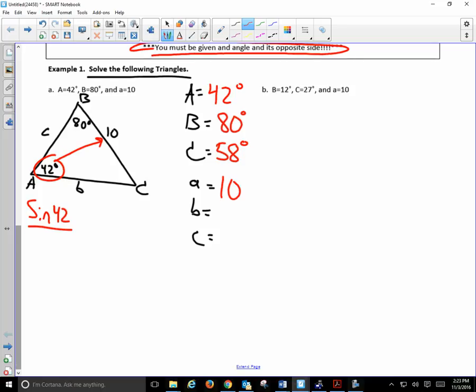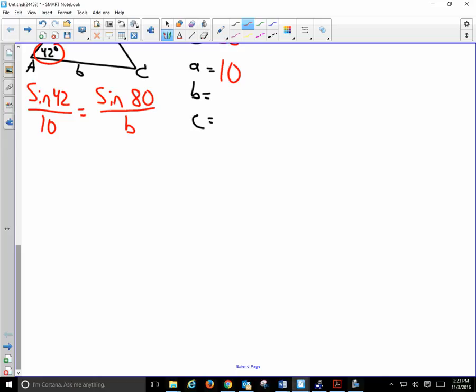So sine of 42 over 10 equals, now, would you like to find side B or C, Tito? It's up to you. B. Free country, chooses B. So sine of, do I know angle B? Yeah, it's 80 divided by side B. What do you think I do? I cross multiply.